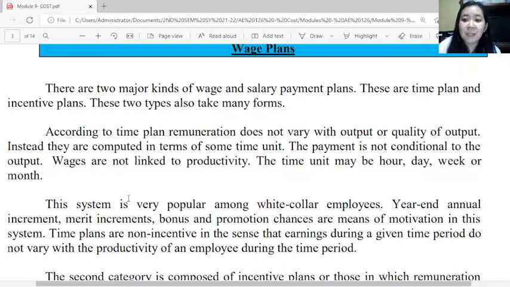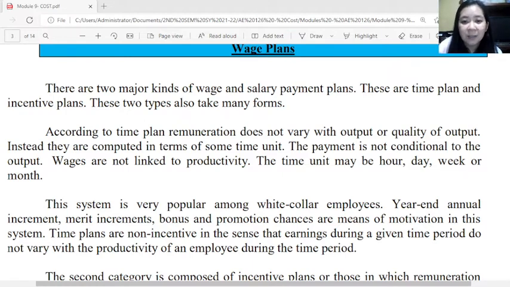So the payment is not conditional to the output. That's why, again, this is based on the time spent. Wages also are not linked to productivity. So in this case, the time unit may be in terms of number of hours, per day, per week, or monthly salary. So this system is actually very popular for white-collar employees.